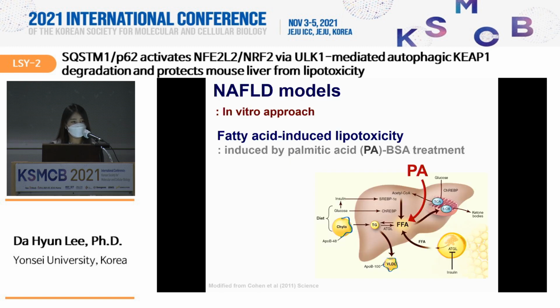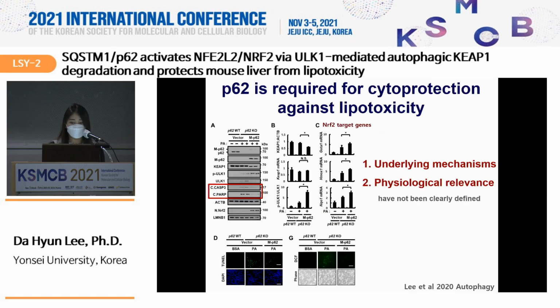To set the in vitro approach for the NAFLD model, I used treatment with fatty acids, thereby inducing lipotoxicity in hepatocytes. As you can see from the outcome of my research, I found out that P62 rescue decreases cell death markers through NRF2 activation followed by decreasing ROS.